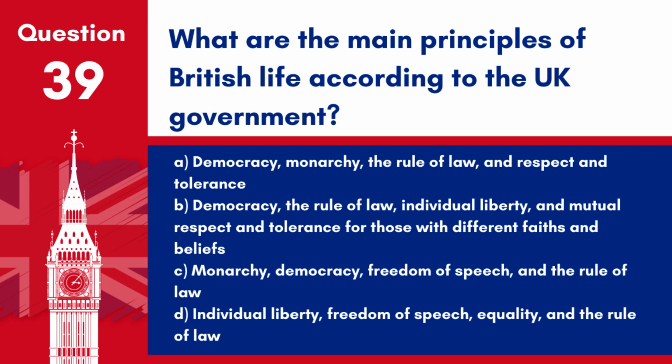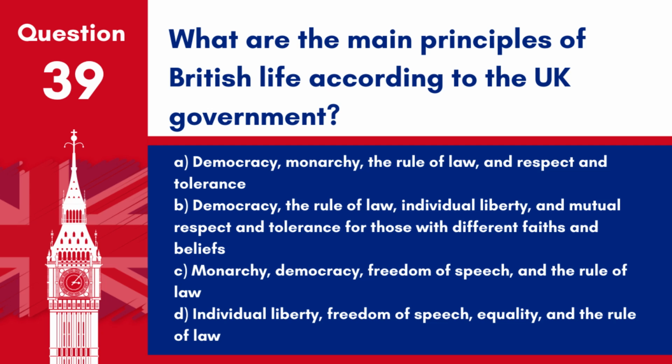Question 39. What are the main principles of British life according to the UK government? A. Democracy, monarchy, the rule of law, and respect and tolerance. B. Democracy, the rule of law, individual liberty, and mutual respect and tolerance for those with different faiths and beliefs.